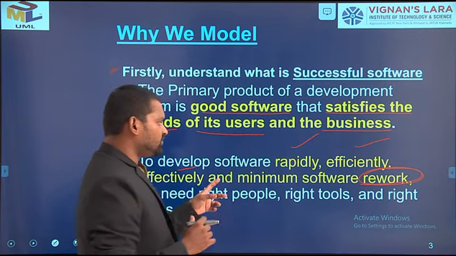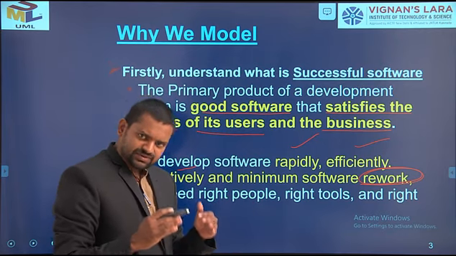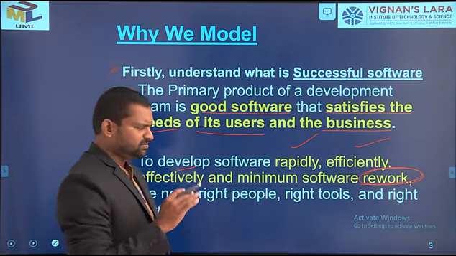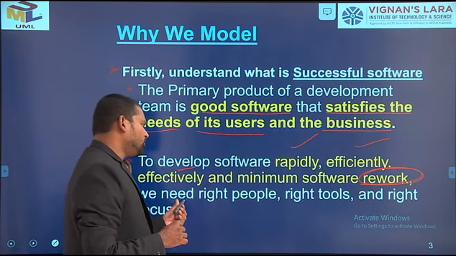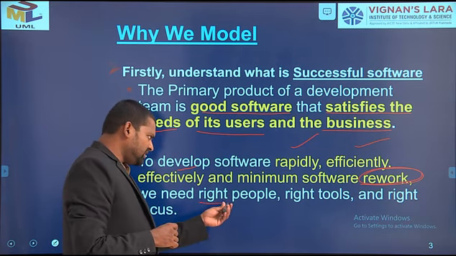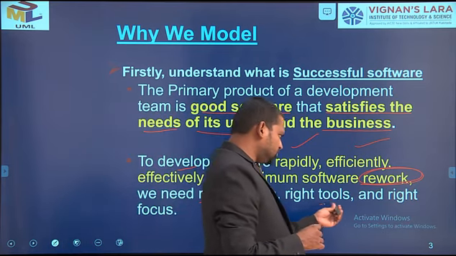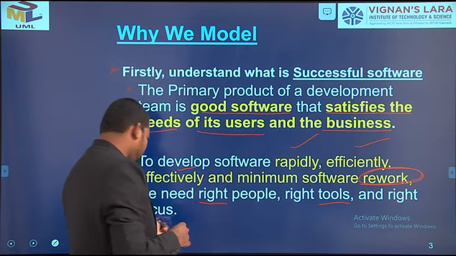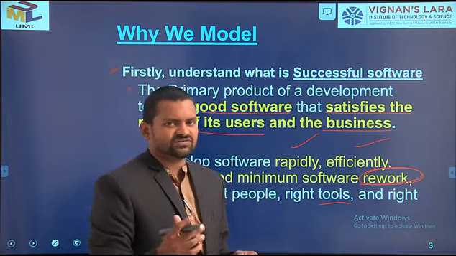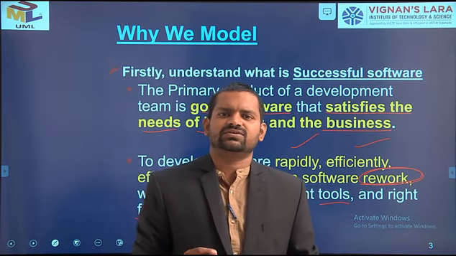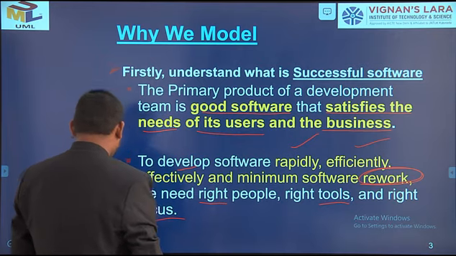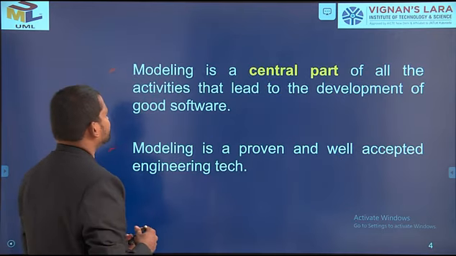So rework should be minimal when you develop software. We need the right people, the right tools, and the right focus on a particular system. All of these should be available to develop a model. Likewise, we are using this model.